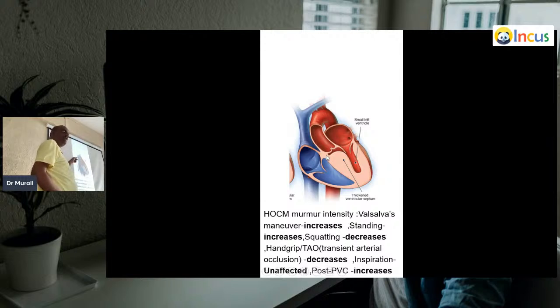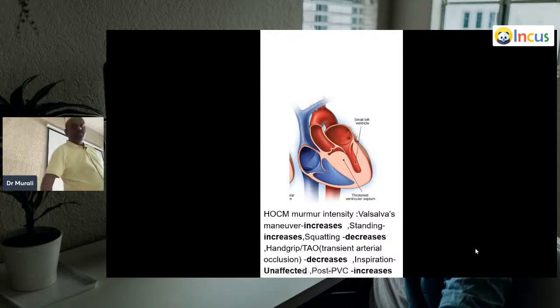If the ventricle size is smaller, the touching will be more. If this is a smaller size, the septum and leaflet will touch more, and the obstruction to the flow becomes more.